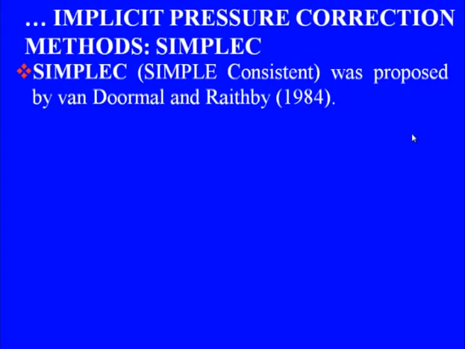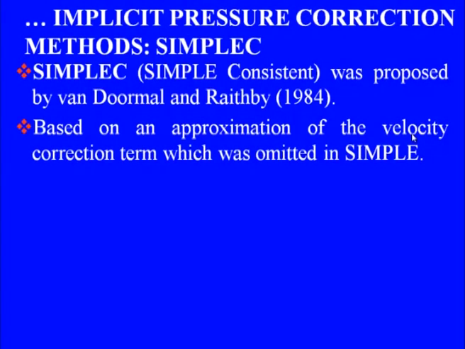SIMPLEC is an acronym. We have already seen what SIMPLE stands for, and SIMPLEC essentially stands for SIMPLE Consistent, because there was a consistent approach to the treatment of V_i prime tilde, which was ignored by Patankar's scheme SIMPLE. This was proposed by Van Doormaal and Raithby in 1984.